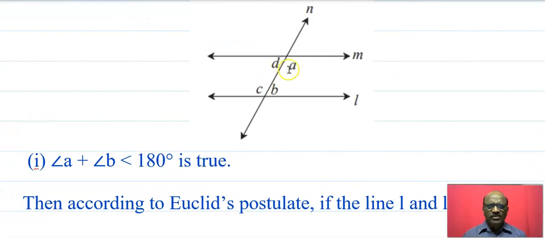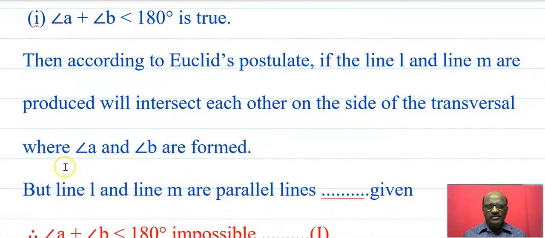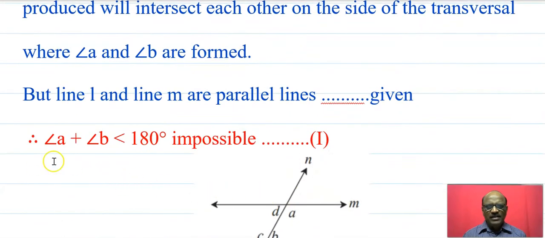That is, if we extend these two lines, they will intersect at a single point. But lines L and M are parallel, as given, and therefore the measure of angle A plus the measure of angle B being less than 180 is impossible.